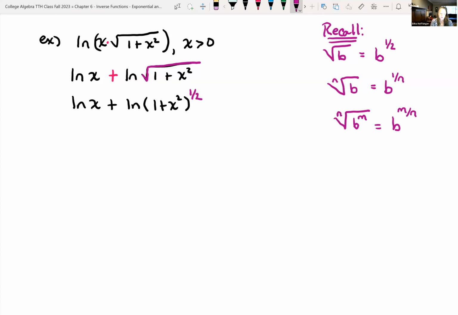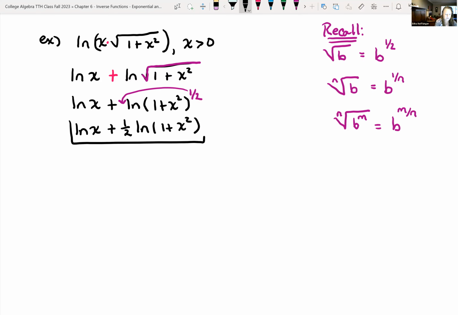And so one of those properties of logarithms was that we could take an exponent and bring it down in front of our log. And so this would be the same thing as the natural log of x plus 1/2 times the natural log of 1 plus x squared. Okay, so that's as far as we can take that.